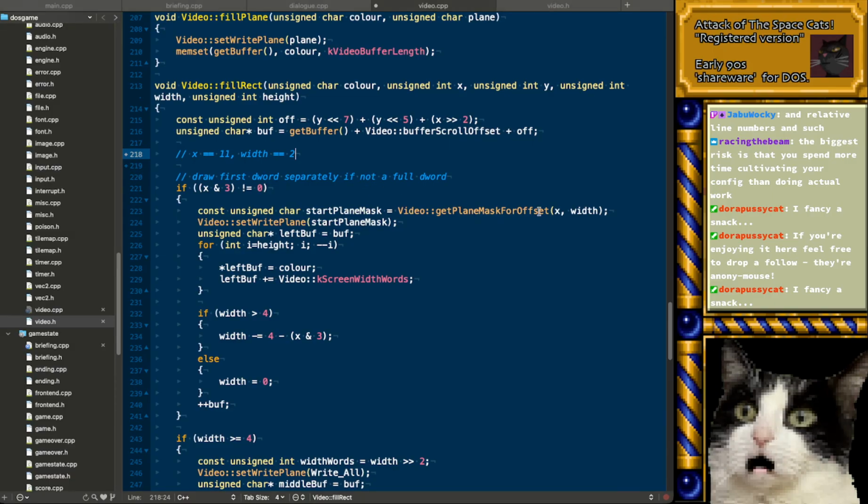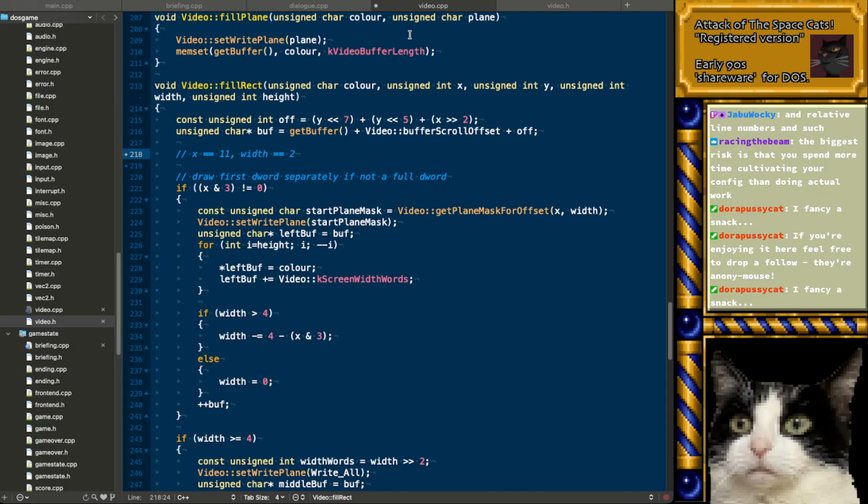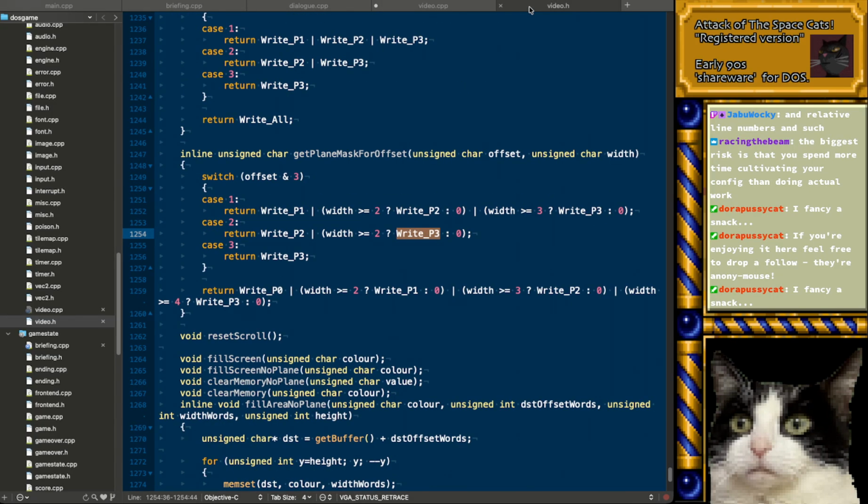So get plane mask for offset 11, 2. Offset's 3. We only write 1 pixel. This maths does seem wrong.